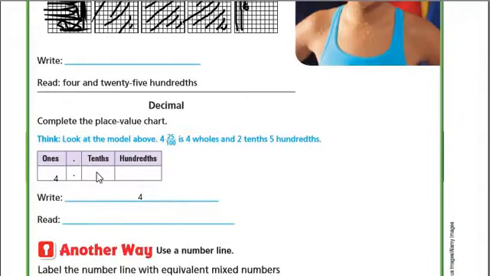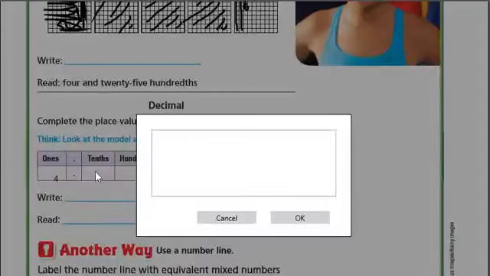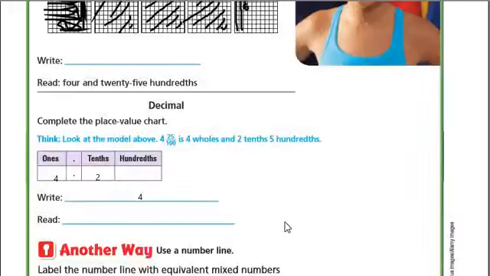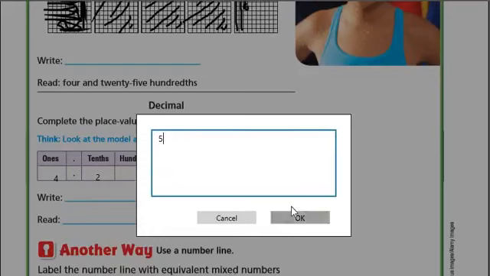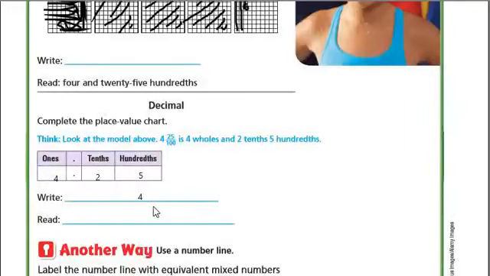Then 25 hundredths: which digit is in the tenths place? Yes, it's 2. Which digit is in the hundredths place? It's 5. So it's 4.